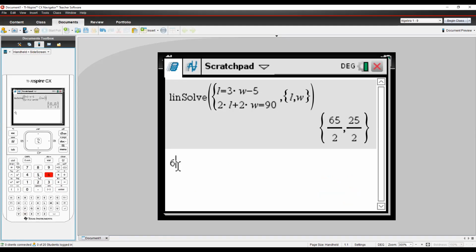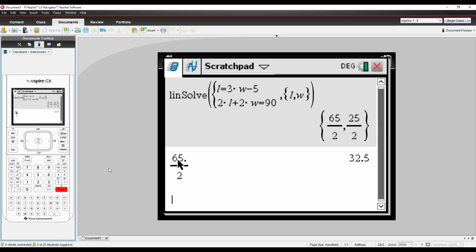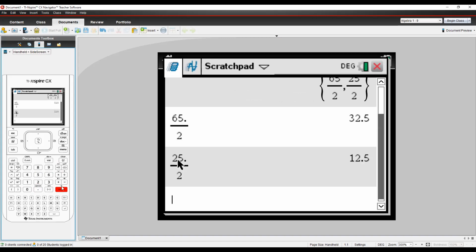It's going to be 65 point divided by 2, which is 32.5 for the length. And the width is 25 point divided by 2, which is going to be 12.5. So those are our dimensions.